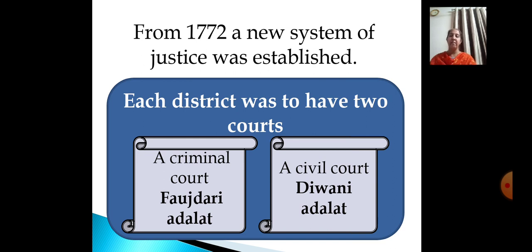Here, Maulvis and Hindu Pandits interpreted Indian laws for the European district collectors who presided over civil courts. Whereas the criminal courts were still under a Qazi and a Mufti. Qazi means a judge, whereas a Mufti means a jurist of the Muslim community who is responsible for expounding the law that the Qazi would administer.